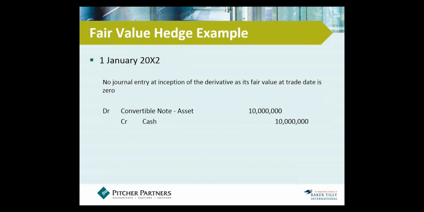On the 1st of January, there's no journal entry for the derivative, because the fair value at the transaction date is 0. But for our convertible note, our financial asset, we would debit convertible note financial asset with the 10 million, and we credit cash the 10 million. So that's the initial recognition of this financial instrument at the transaction price.